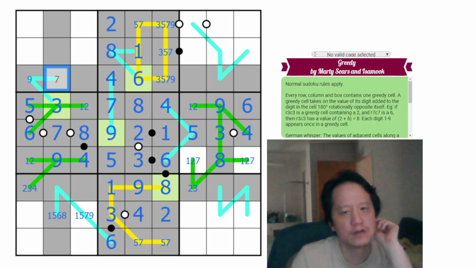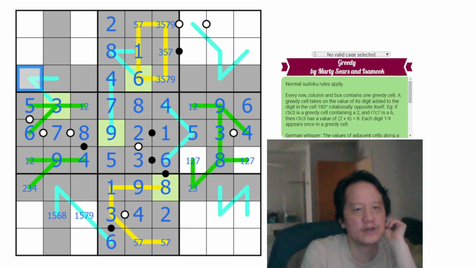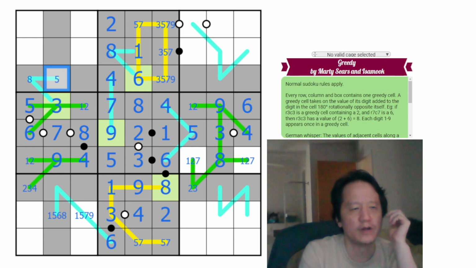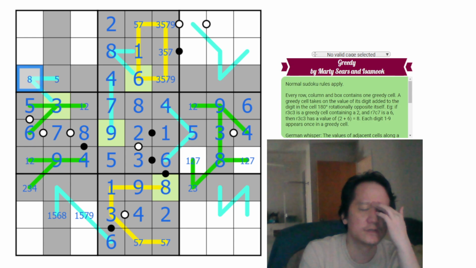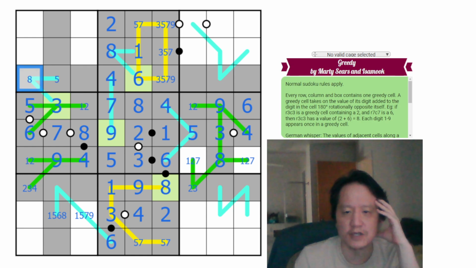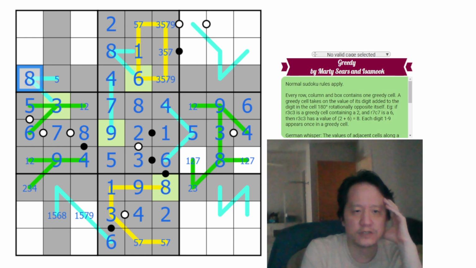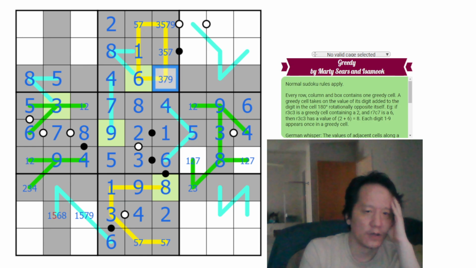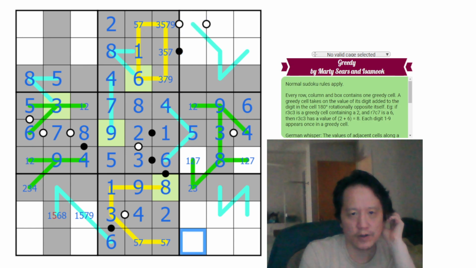Okay, can't be that. 11, 8, 5. 11, 7, 3. Right, because in 11, 6, 1, it can't be 6. So we know this is 8 and 5. So this is 8, this is 5. Okay.